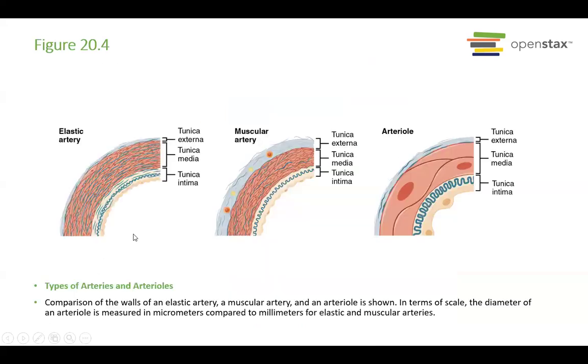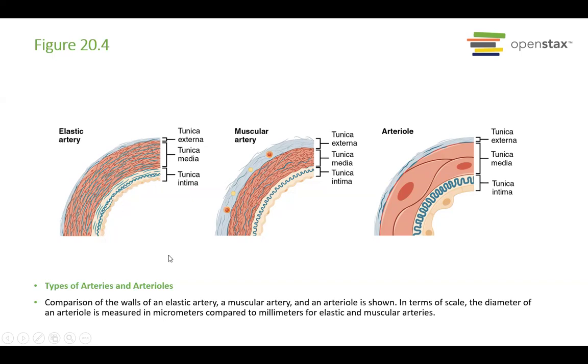Okay. What are the types of the arteries and the arterioles? So we have elastic arteries, and you know that the blood vessels have three layers. There's the tunica externa, the tunica media, and the tunica intima. The tunica intima is the layer that is intimate with the blood.